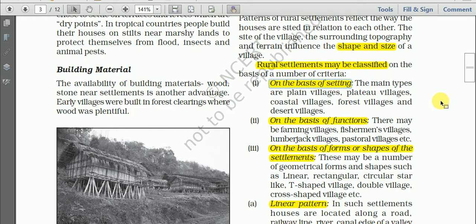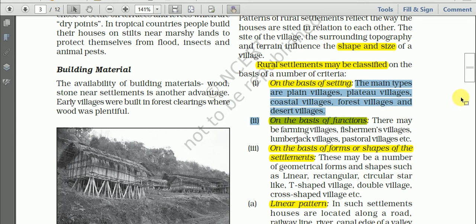You know what is the meaning of setting? Setting is the state of environment in which a settlement exists.